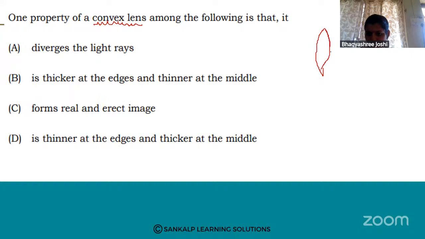By looking only, we can tell that it is thick at the middle and thin at the edges. Yes or no? So which option is right here? It is thinner at the edges and thicker at the middle. It forms virtual and inverted image, real and erect they have given. So the correct option is it is thinner at the edges and thicker at the middle.